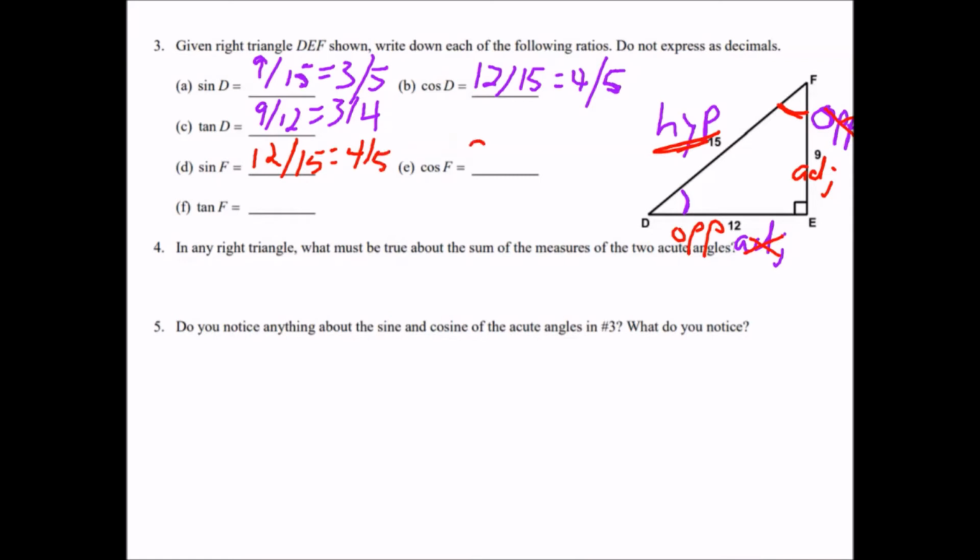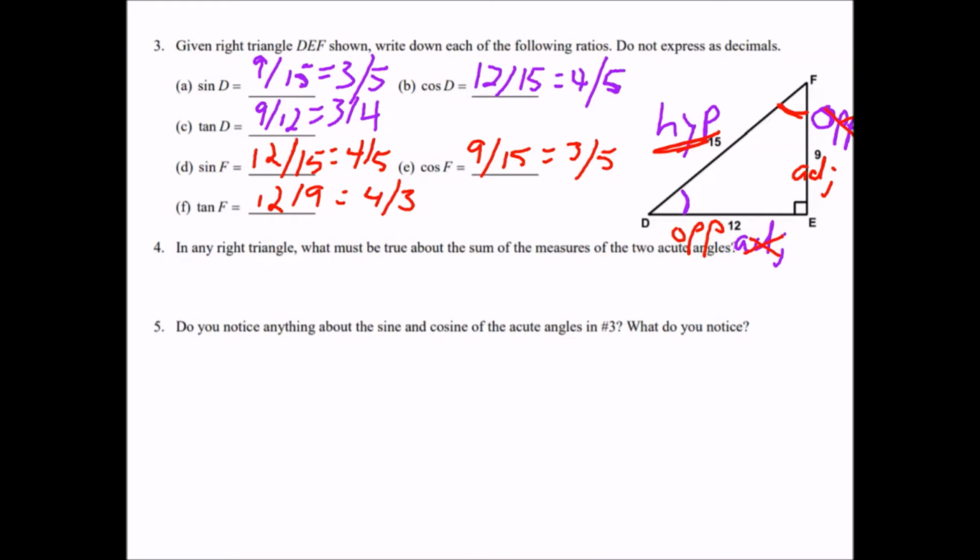Cosine of F would be 9 over 15, which reduces to 3 over 5. And then we have 12 over 9, opposite over adjacent, for the tangent of F.